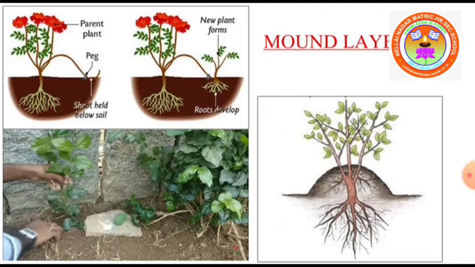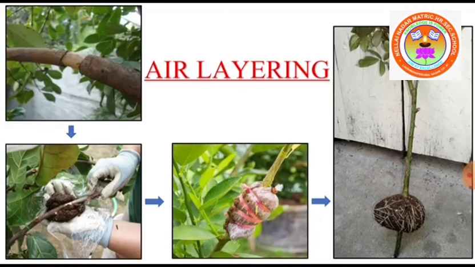The next one is air layering. Air layering is practiced in plants like guava, mango even. In this method, the stem is girdled, that means the outer bark is removed at the nodal region, and hormones, especially auxin-like hormones, are applied in this region to promote rooting.